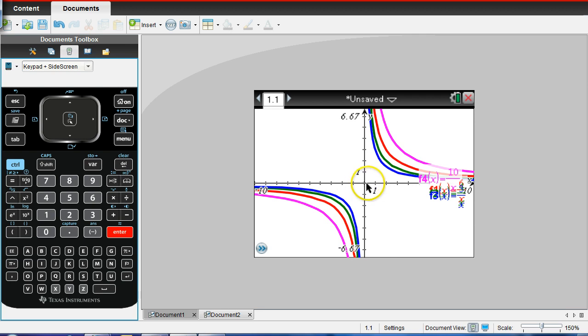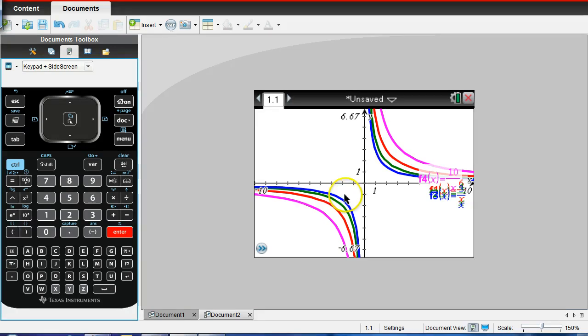Well, the y-axis is where x is equal to 0. So as this graph gets closer to where x is 0, it's veering away, and I would call that an asymptote, meaning that the blue line, the green line, the red line, the purple line, none of these graphs are ever going to touch the y-axis, where x is equal to 0. So we'd say the domain is going to be all real numbers except 0.